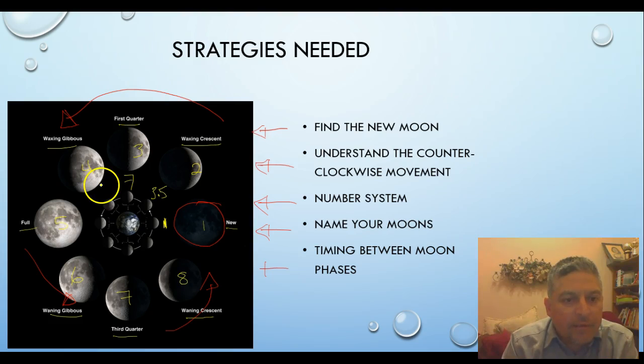10.5 days later, you will have your waxing gibbous, and then about 14 days later, you will have your full moon, and from there you are going to have your waning moons. Starting with this one, that will be about 17.5 days later. And then this one will usually be day 21.